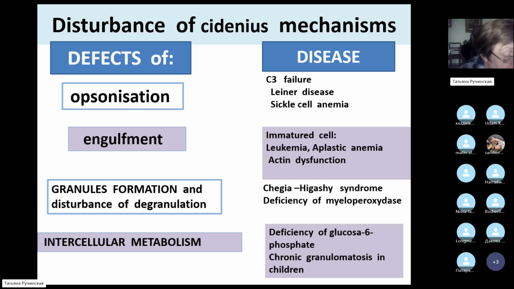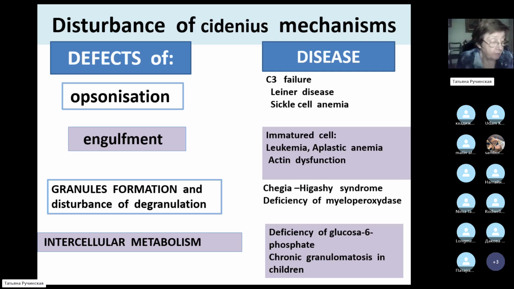But you see, there are hereditary diseases in which there appears a defect in phagocytosis due to defects in the membrane or in the function of macrophages, and neutrophils too. At first, if there appears a defect in opsonization, so there will be what?